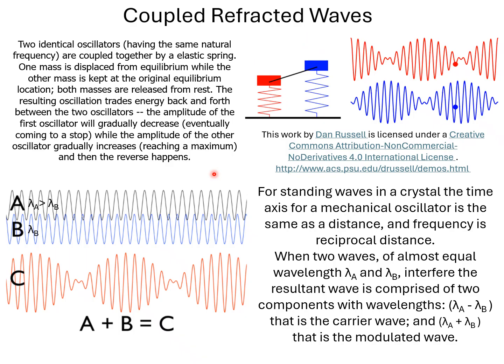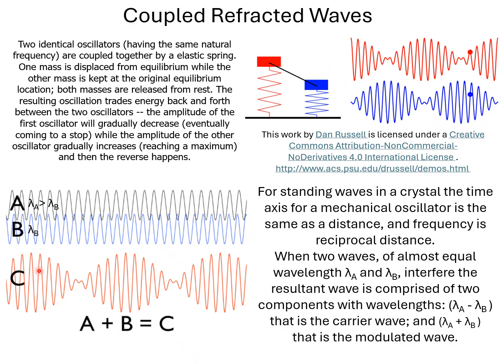Sorry, I shouldn't say two waves. Yes, two waves. And you can think of how these waves would then interact, the one being slowed down and the one being speeded up.